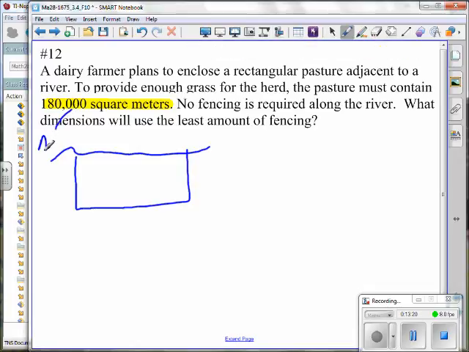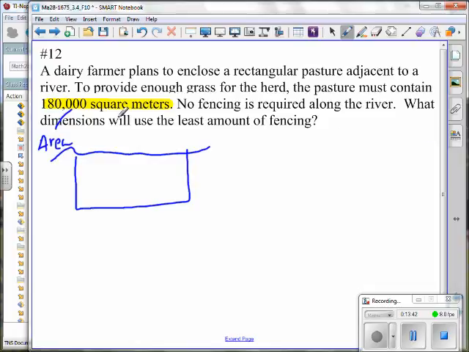Square meters, that's an area. So the area has to be 180,000 square meters. No fence is required along the river. We'll assume that these cows in the pasture aren't going to fall into the river. They're not going to cross the river, they're not going to get swept away, so we don't care. They're just going to go down there and take a little bath.